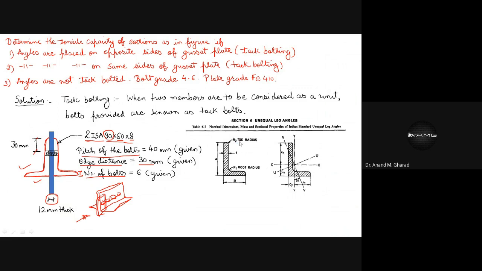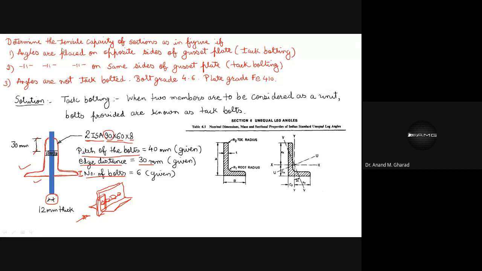This is known as the toe radius. We have discussed that this portion is known as the toe and this is known as the heel portion. It is just like our foot, right? This forms the heel, and this forms the toe.